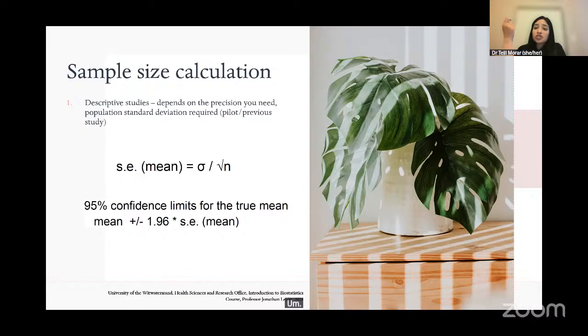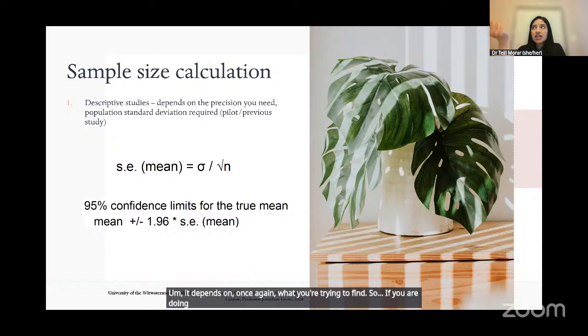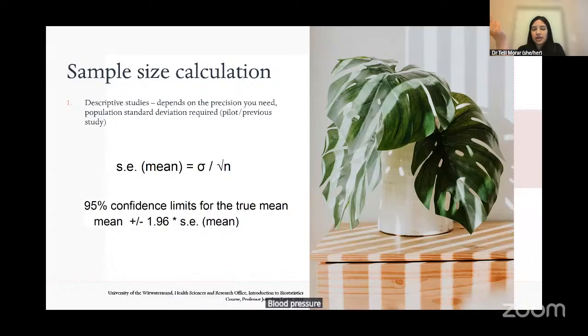It depends on, once again, what you're trying to find. So if you are doing a descriptive study, you want to know what's the blood pressure of my population or what's the blood pressure of my sample. That's going to be a different calculation to what is my prevalence of hypertension amongst the population.